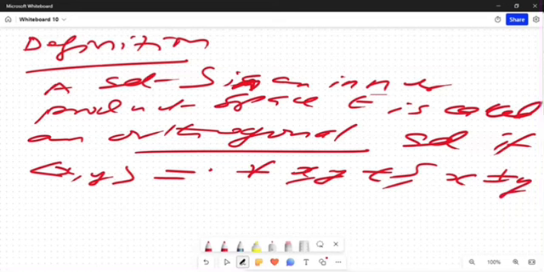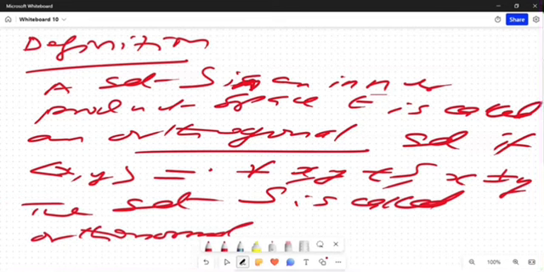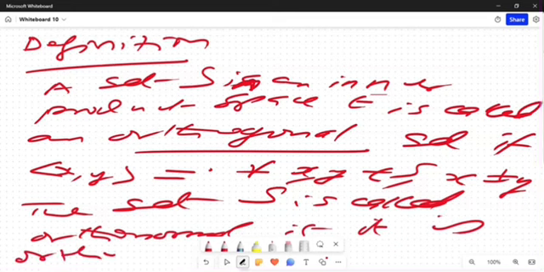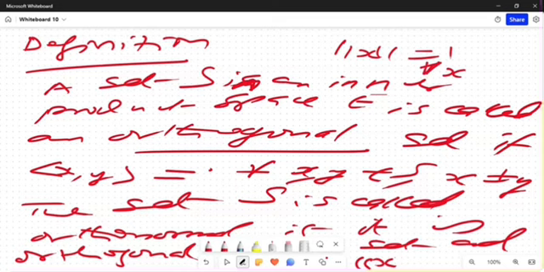Remember, what we discussed before was orthonormal; this one is orthogonal. The set S is called orthonormal if it is an orthogonal set and the norm of x is 1 for all vectors x in S.